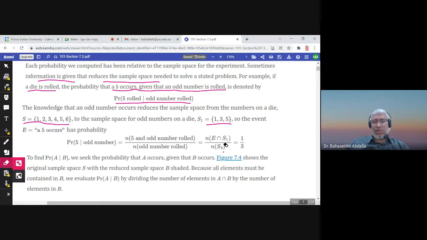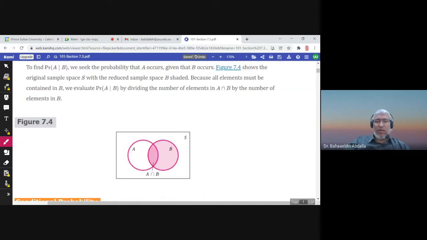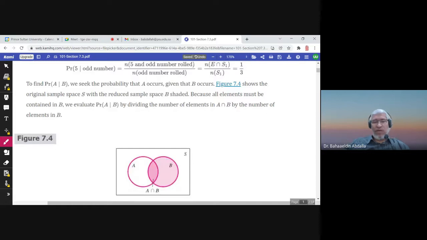So this is what we mean by conditional probability. This is called a conditional probability because there is a condition. There is given information, which is that the number rolled is an odd number. So in a Venn diagram, S is the sample space. But when you say probability of A given B, the sample space would be only B, not S. So there is a new sample space we are talking about, which is B, because B is the given information.